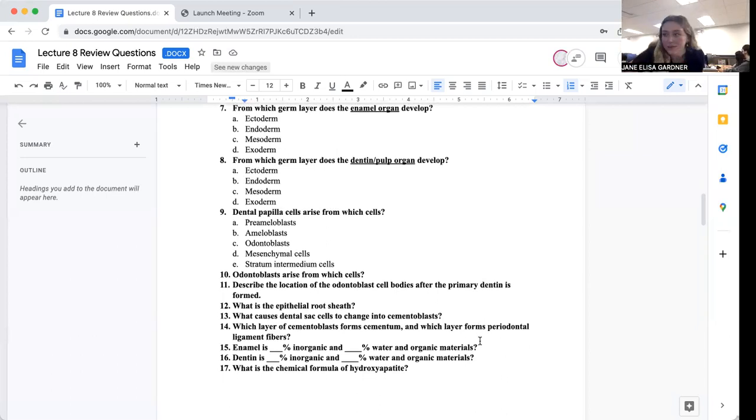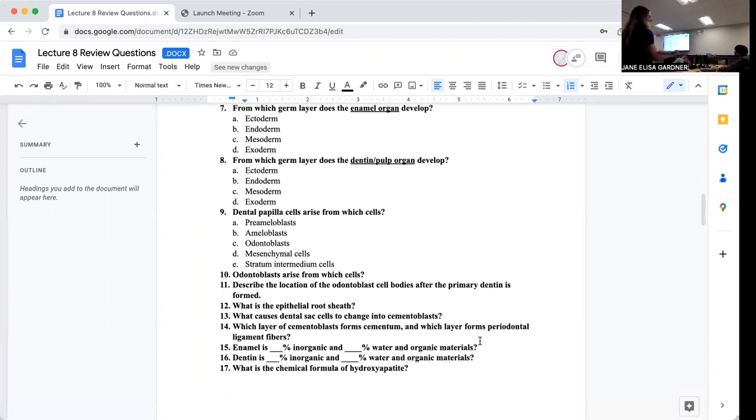Okay, what causes dental sac cells to change into cementoblasts? Due to the epithelial root sheath deteriorating. Since there's no enamel where the root is, that's why they deteriorate, and then cementum fills in those holes.